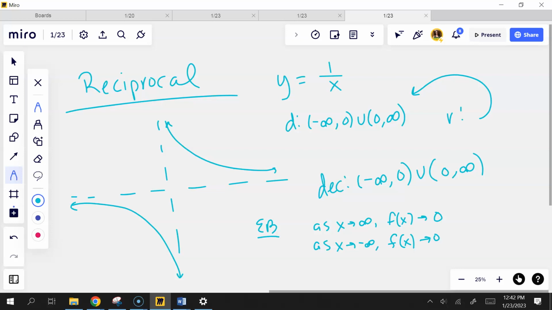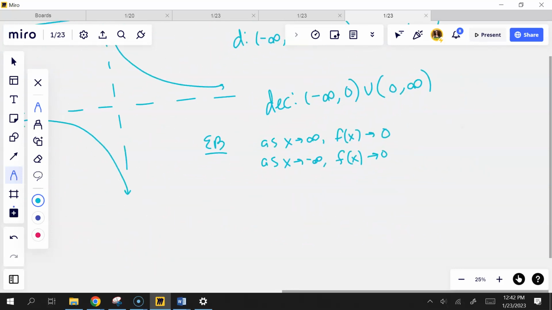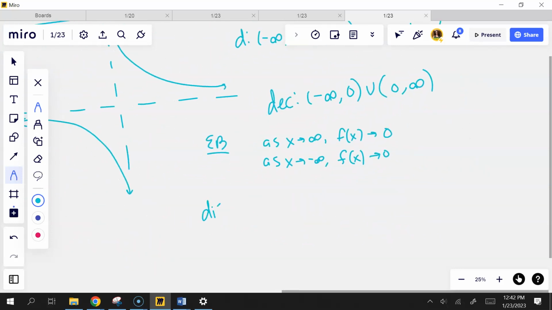Discontinuities. What kind? Infinite discontinuity at x equals 0, because there's an asymptote. So discontinuity: infinite, removable, or a hole.